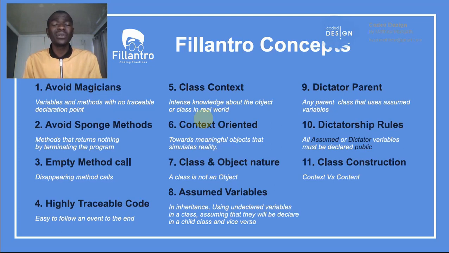If after 2 years you can come back to your code, lost obviously, but you are able to trace back from the event, from the trigger, whatever caused the action to take place, and then trace your code from front end JavaScript to your PHP and also to your database until you reach the end without being confused, then that is highly traceable code.